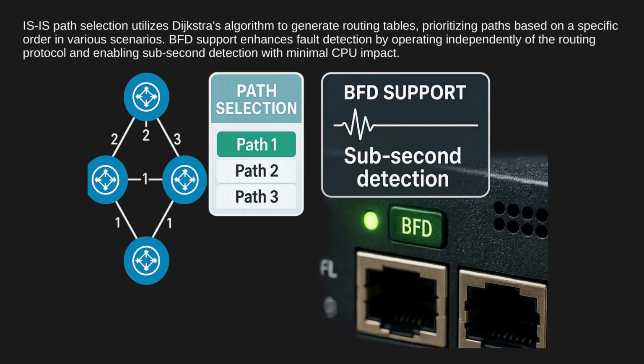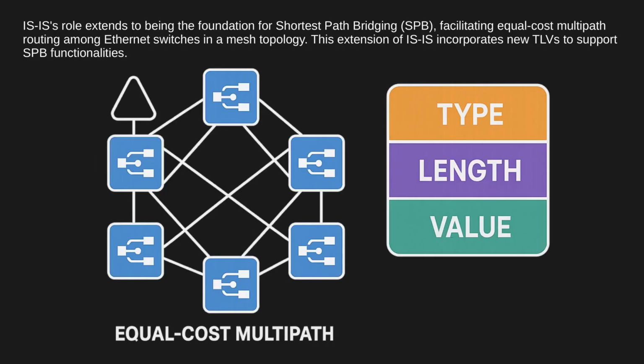BFD support enhances fault detection by operating independently of the routing protocol and enabling sub-second detection with minimal CPU impact. ISIS's role extends to being the foundation for shortest path bridging, SPB, facilitating equal-cost multipath routing among Ethernet switches in a mesh topology. This extension of ISIS incorporates new TLVs to support SPB functionalities.